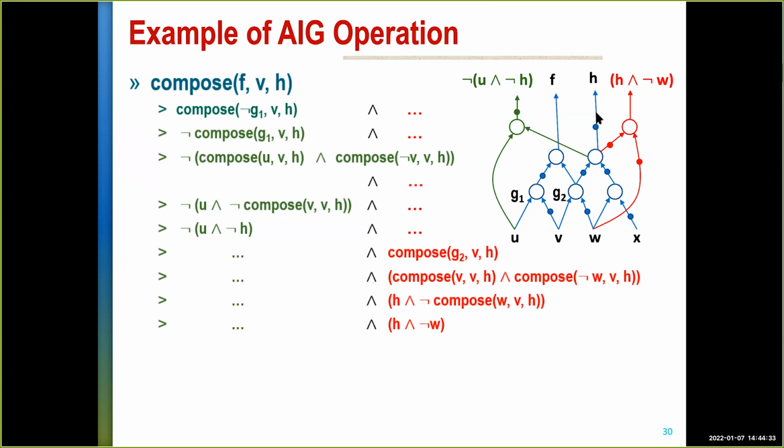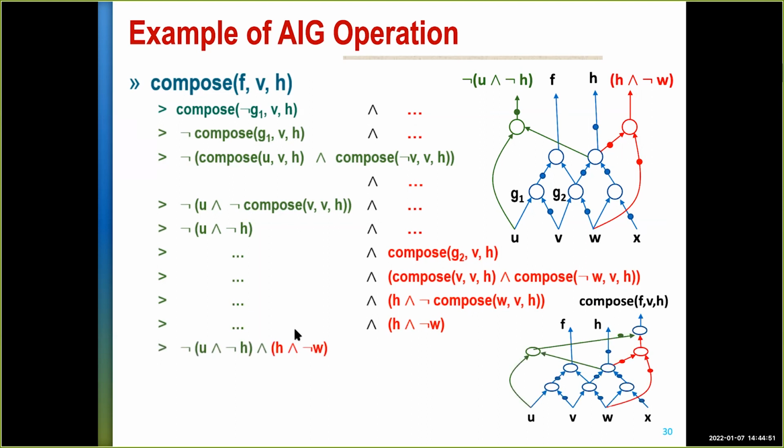The fan out never happens from the output of a bubble. These bubbles are just annotations on the edges. So I have to fan out from here, but because I need H, I have to replicate that bubble there. And there is negation W. So W, let's negate it, AND it up, and that is H and negation W. And finally, I have to AND these two up, right? So I take these two things, AND them up, and that is the result of compose FVH.